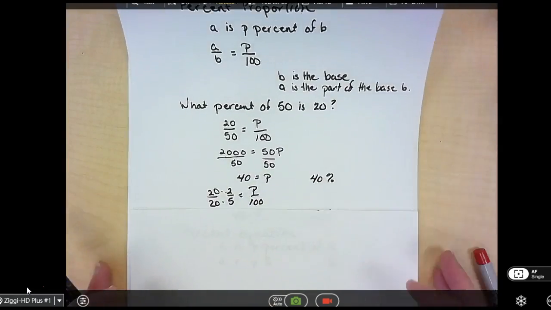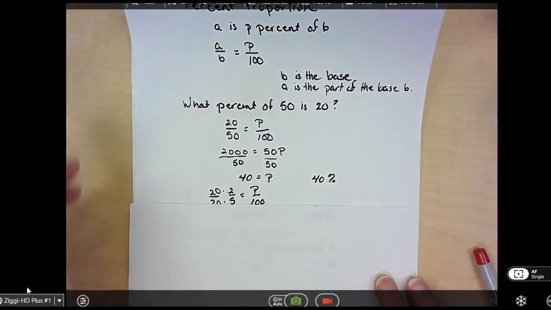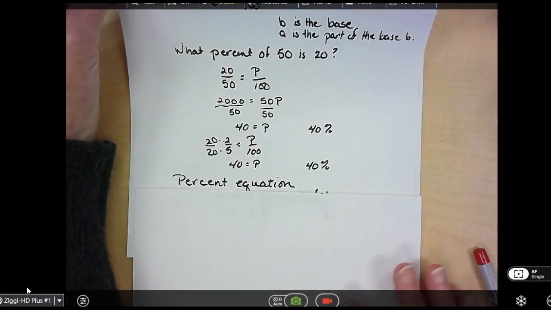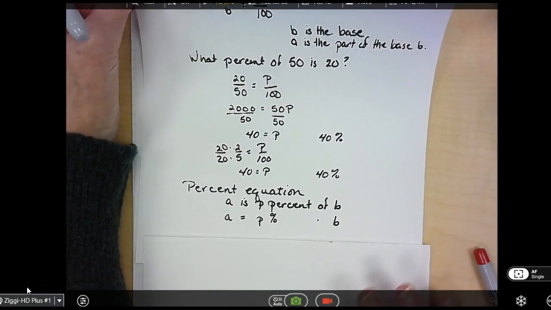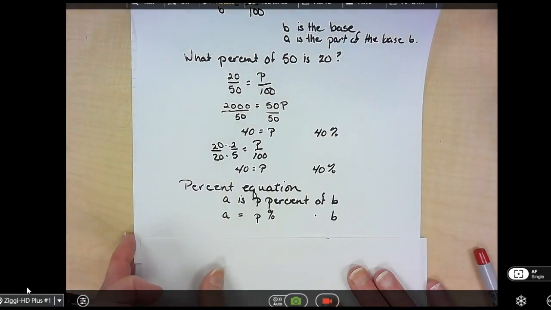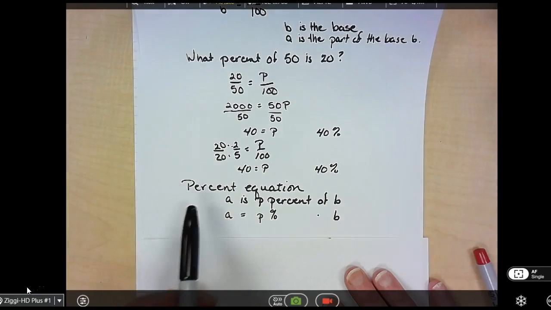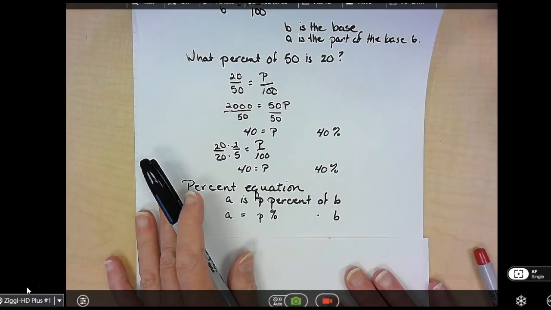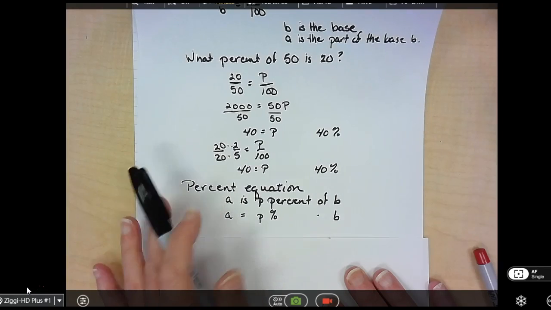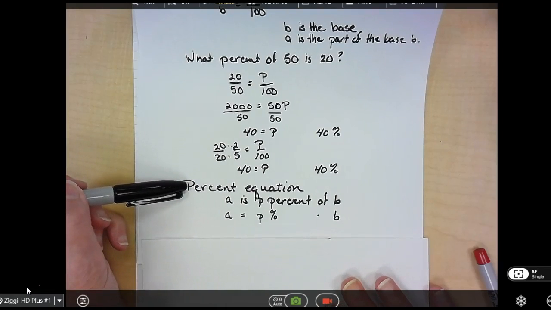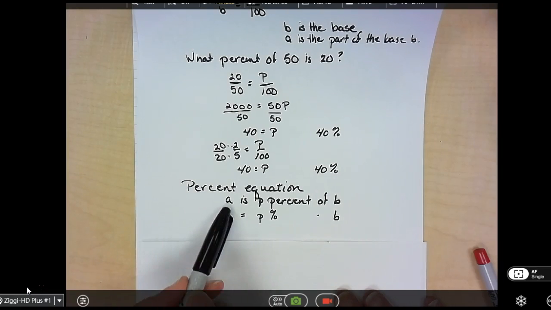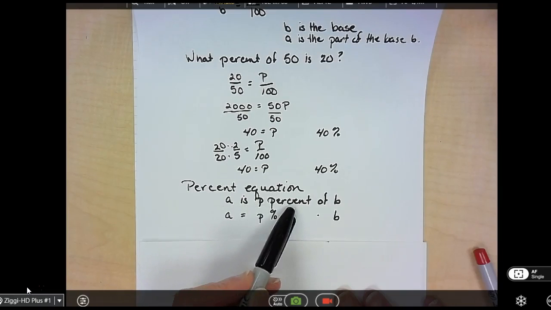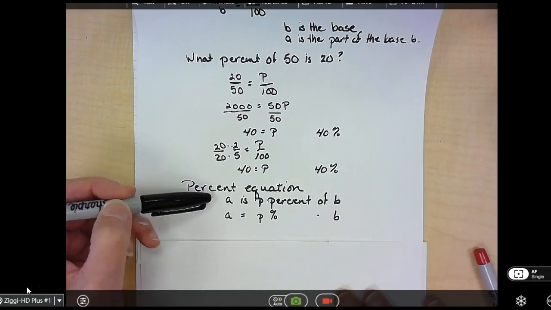Now, it doesn't matter to me when the directions say use the percent proportion or use the percent equation, which one you use. I always use percent equation because it's much easier for me to understand. So whichever one you learned, stay with it, use it. I find the percent equation easier because as I read A is P percent of B, I can write down my equation.